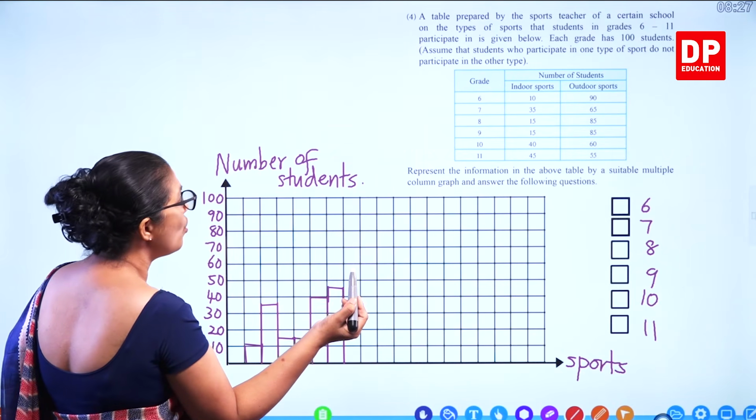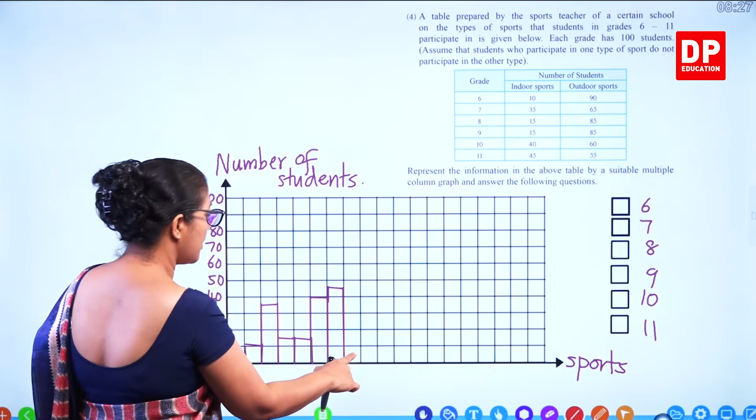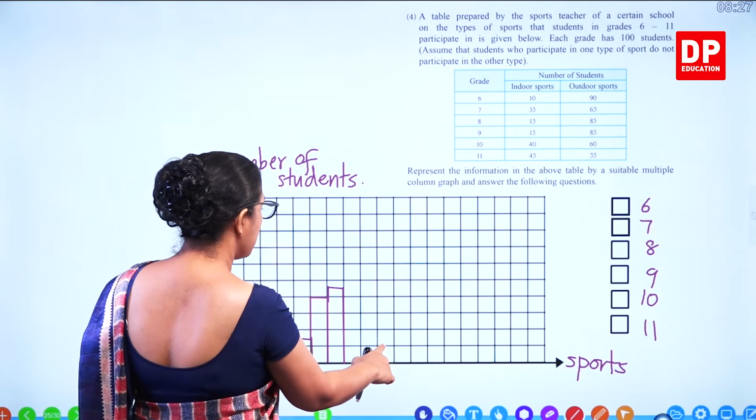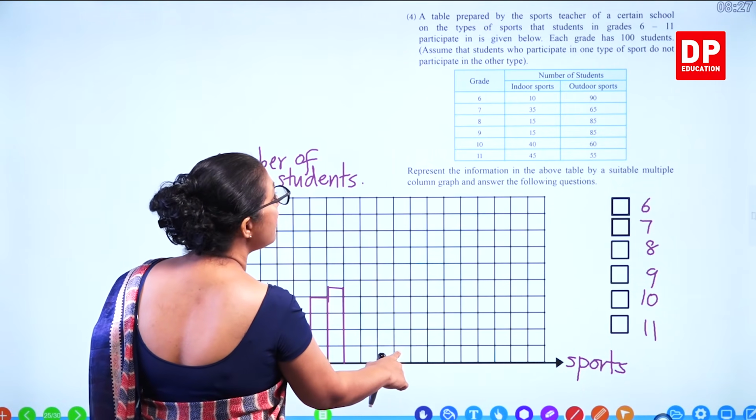And outdoor, we can leave several gaps here and draw 90.